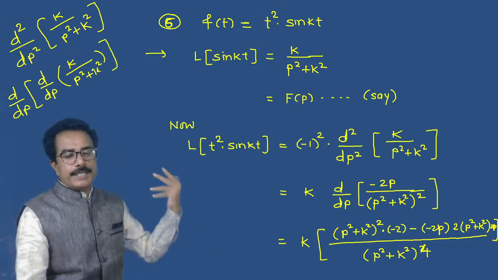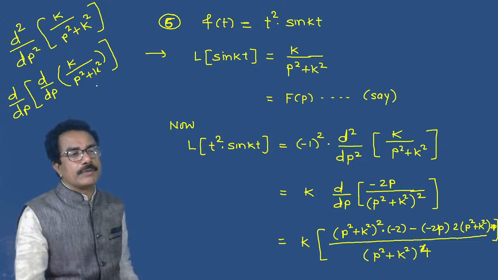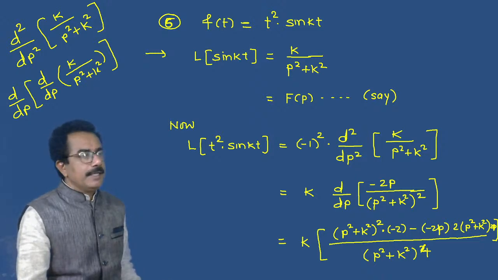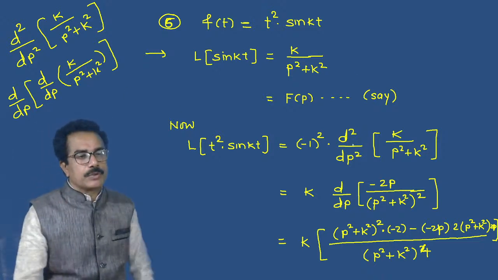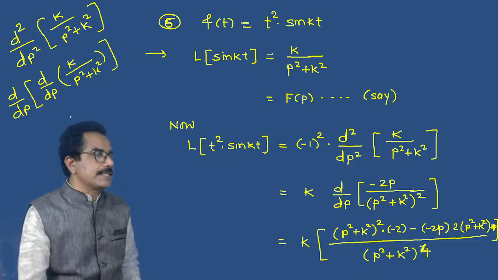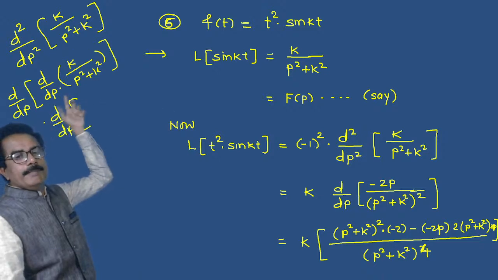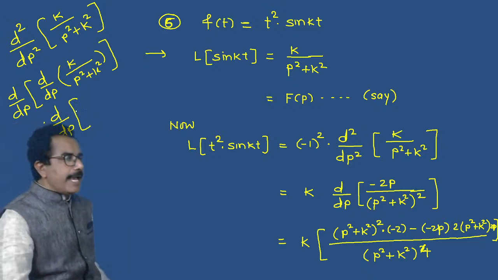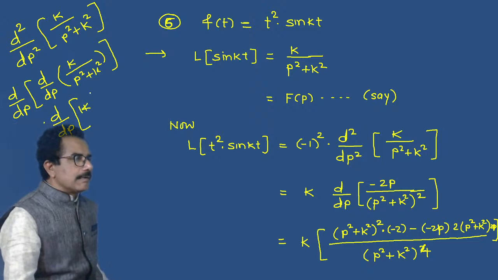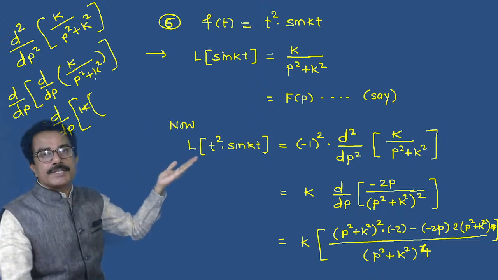So we can write this in the form of 1 upon f of x. What is the derivative of 1 upon x? Minus 1 upon x square. Put K up, take K outside. The derivative of 1 upon x is minus 1 upon x square.